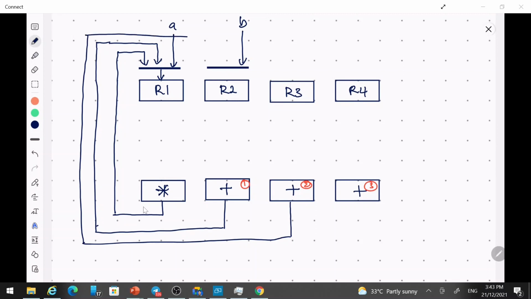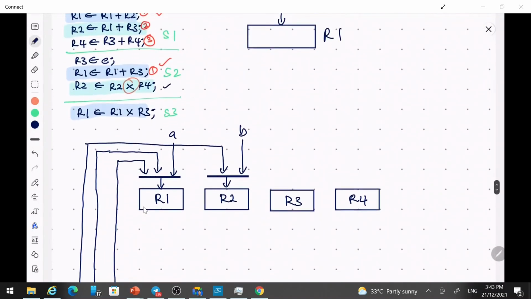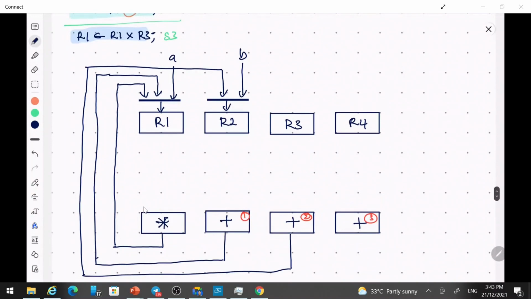The last one is from the multiplier. We can see that we have the line for the multiplier already, so we can have the connection from here to here. And that is for R2.